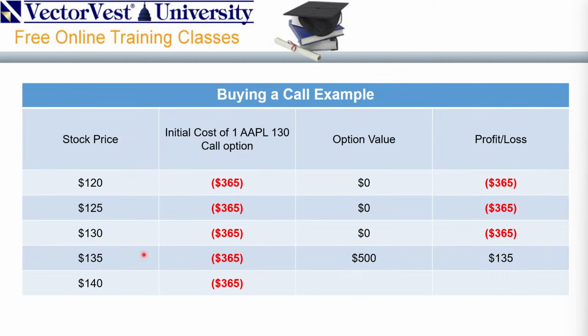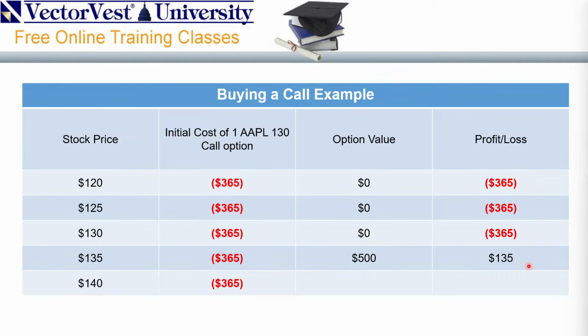You could exercise that right and immediately sell it on the open market for 135. That's a $5 benefit to you. $5 times the 100 shares you're controlling is a $500 value. But since it costs you $365 to buy the option, you'd see a profit of $135.